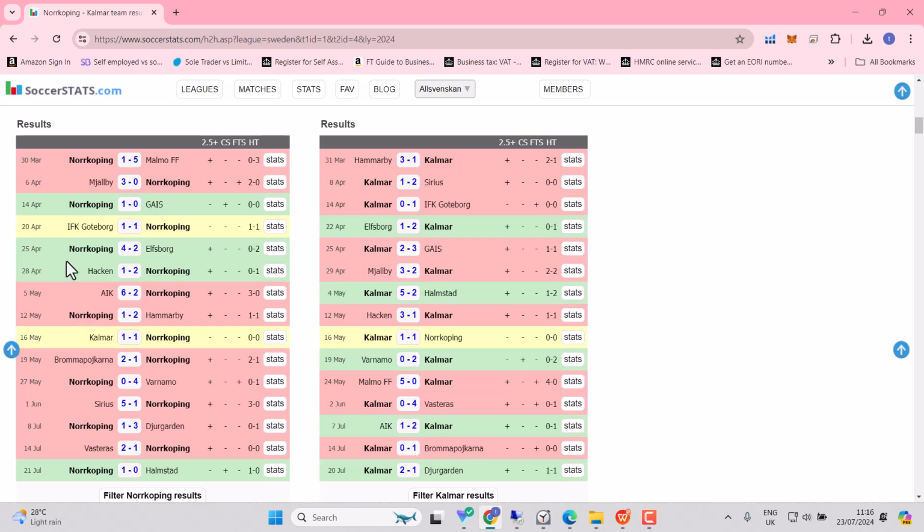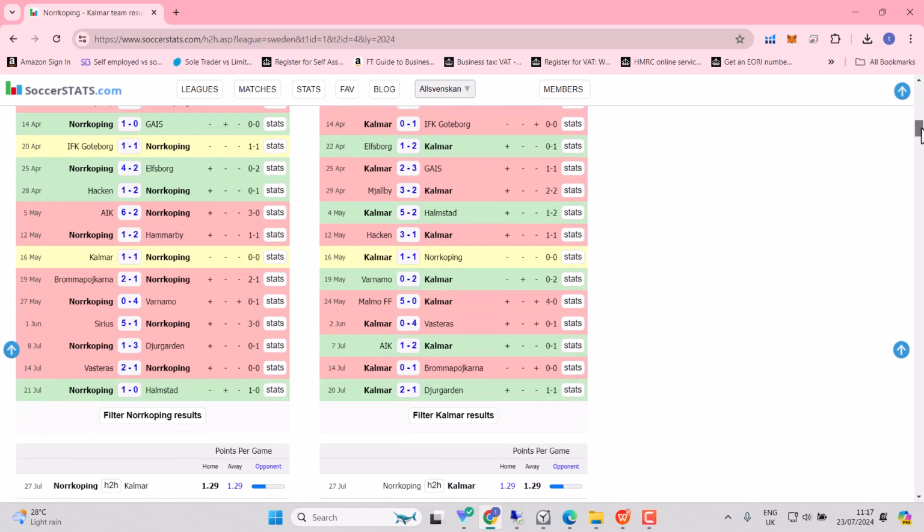Home form, away form. Over 2.5 goals has a plus on it. Clean sheets, only the 2 clean sheets, as you can see there, suggesting this lot will or could concede. Failed to score in only 2 matches. These are the scorelines at half-time as well. So you can have a look immediately, see whether you expect goals before half-time.